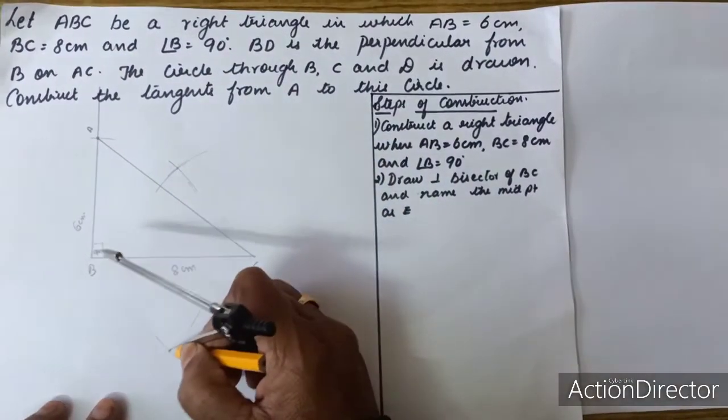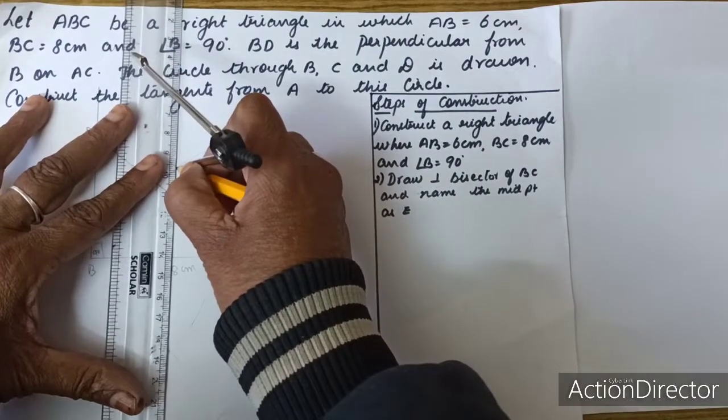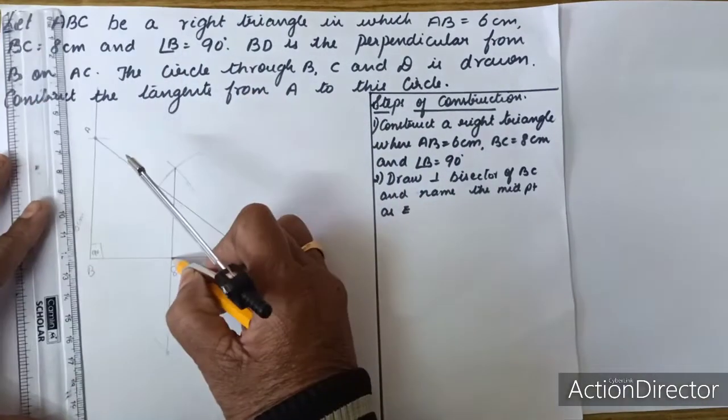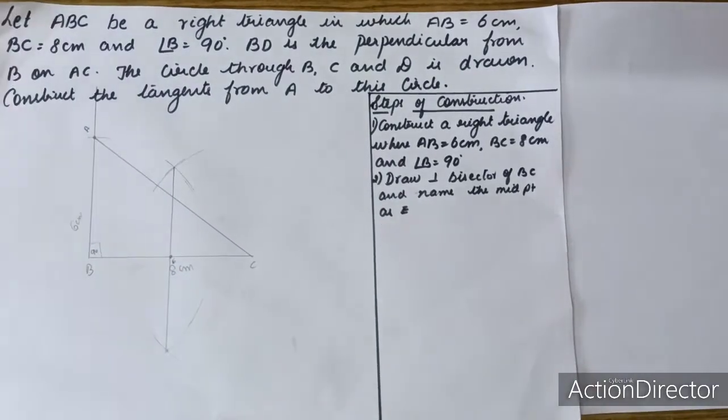Join these perpendicular bisectors and mark the intersection point as E. So now this E is the midpoint of BC.